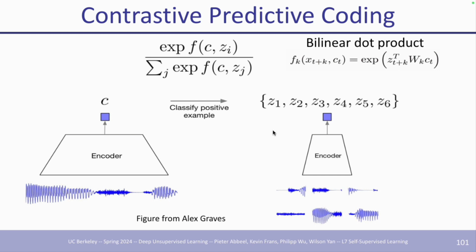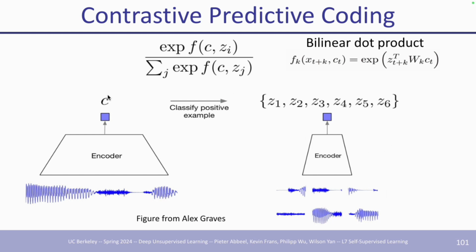So what that looks like in practice is we can look at our context C and then try to match C with our future vector Z, among a bunch of other potential candidates for Z. You can imagine these future candidates Z are either other audio chunks from various different audio sequences or different audio chunks within the same sequence.